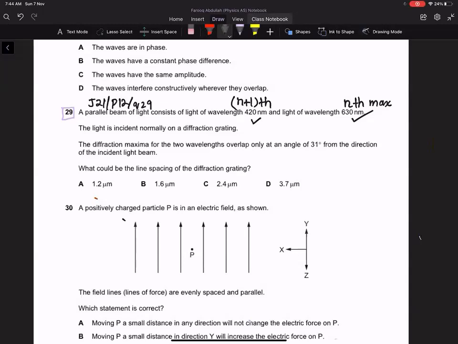So if for 630 we have nth maximum, then for 420 it could be n plus 1, n plus 2, n plus 3, and so on. So we will solve for n plus 1. If n comes to be a whole number, then it will be n plus 1. However, if n is in fractions, then we'll test for n plus 2. So let's check what happens.